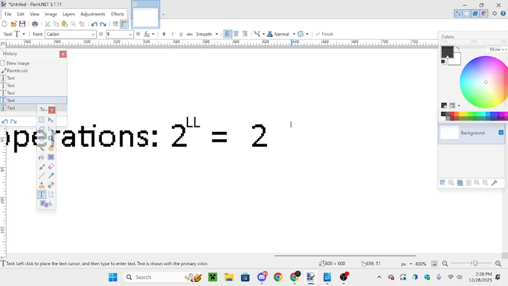So the double left pentation of 2, LLx is how we'll represent that, x being the variable, is the same as the left pentation of the right tetration of 2.